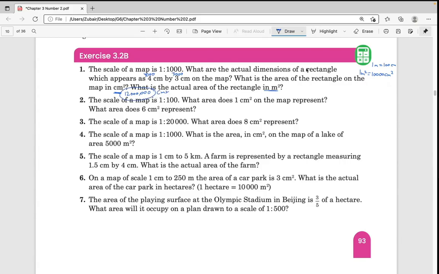I have to convert it into meter square, so I'm going to divide this by 10,000, and I'm getting 1200 meter square. Be very careful with this in exams. If someone tells you to convert 1200 meter square into kilometer square, that is not 1000. Clear?